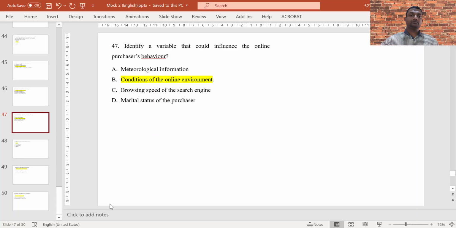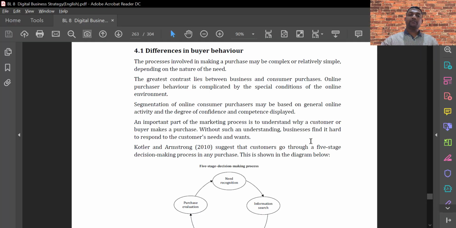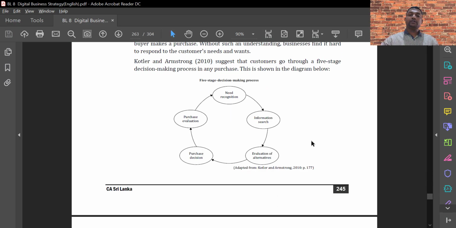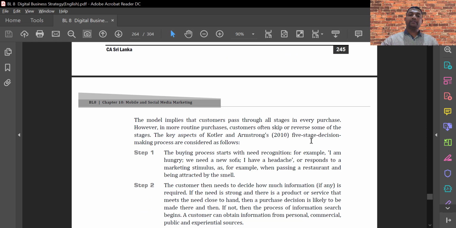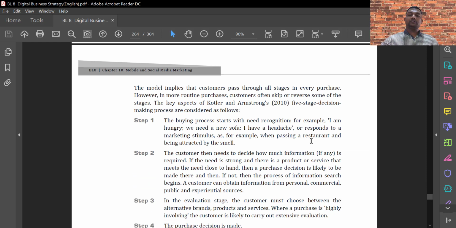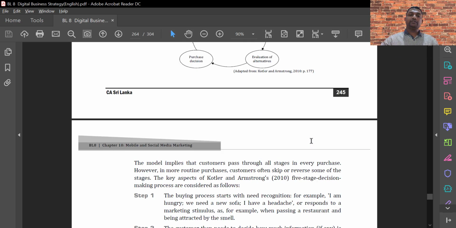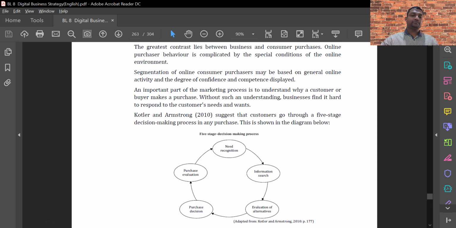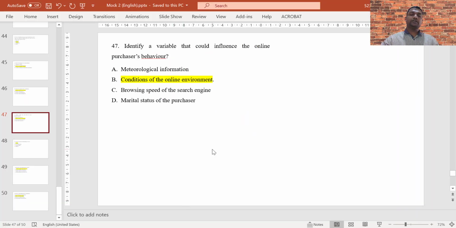Conditions of the online environment can define sometimes how an online purchaser might behave differently. So this can affect how buyers are behaving in the online environment. So the answer is answer B.